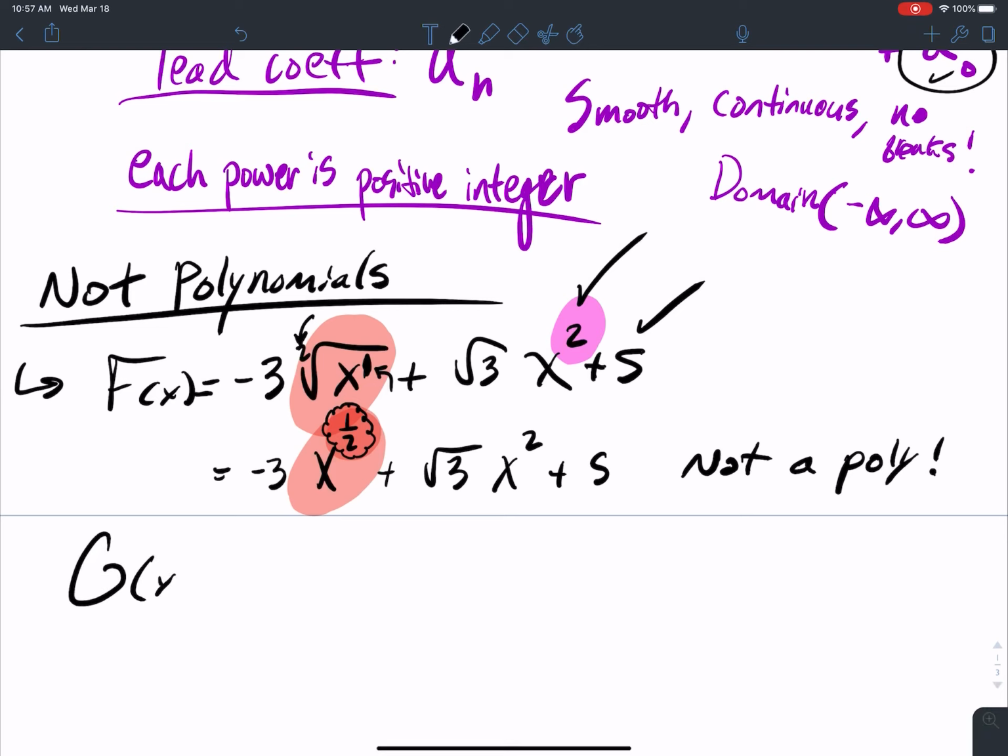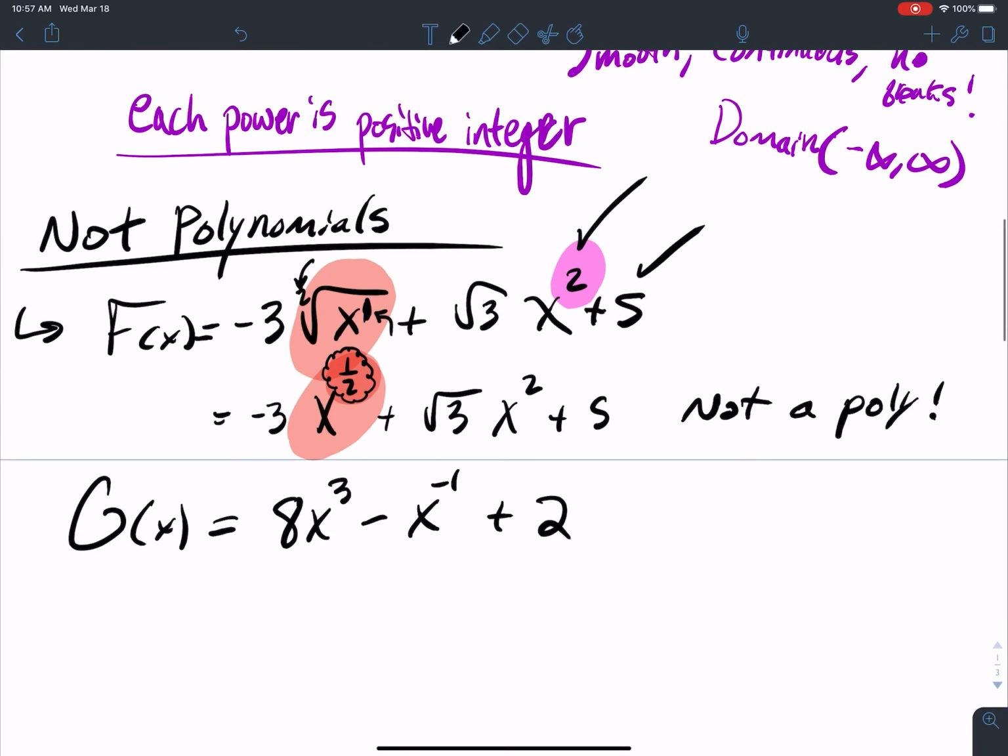Take another one, g of x, maybe it equals 8x to the 3 minus x to the -1 plus 2. Okay, 8x cubed, that's good. 2, that's just another number. Here's our issue right here, -1 in the exponent. Think about this. -1 in the exponent, that's the same as saying 1 over x to the +1. Okay, remember negative exponents, we do the reciprocal, flip it.